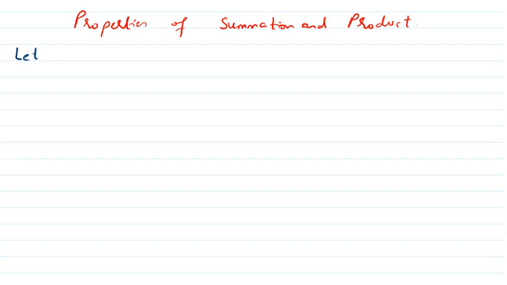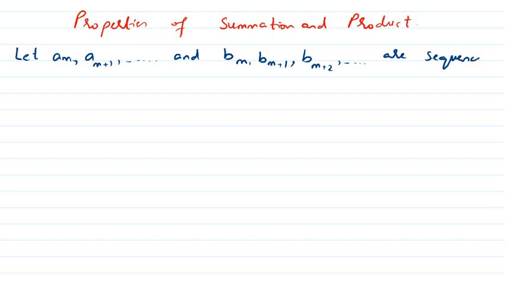Let A subscript m, A subscript m plus 1, and so on, and I'm talking about an infinite series here or infinite number of terms. B m, B m plus 1, B m plus 2, and so on are the sequences of real numbers, right?